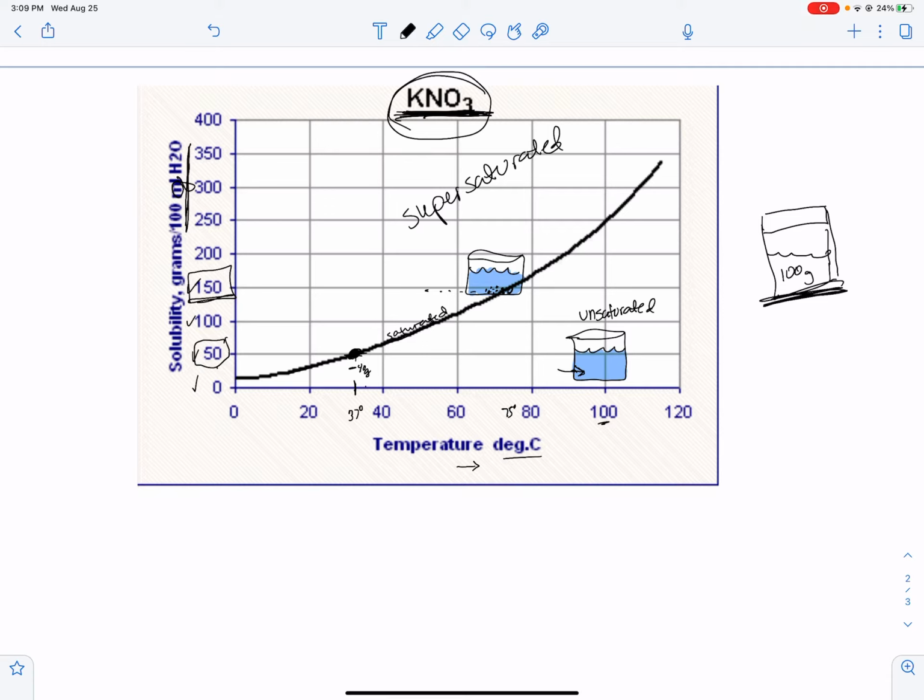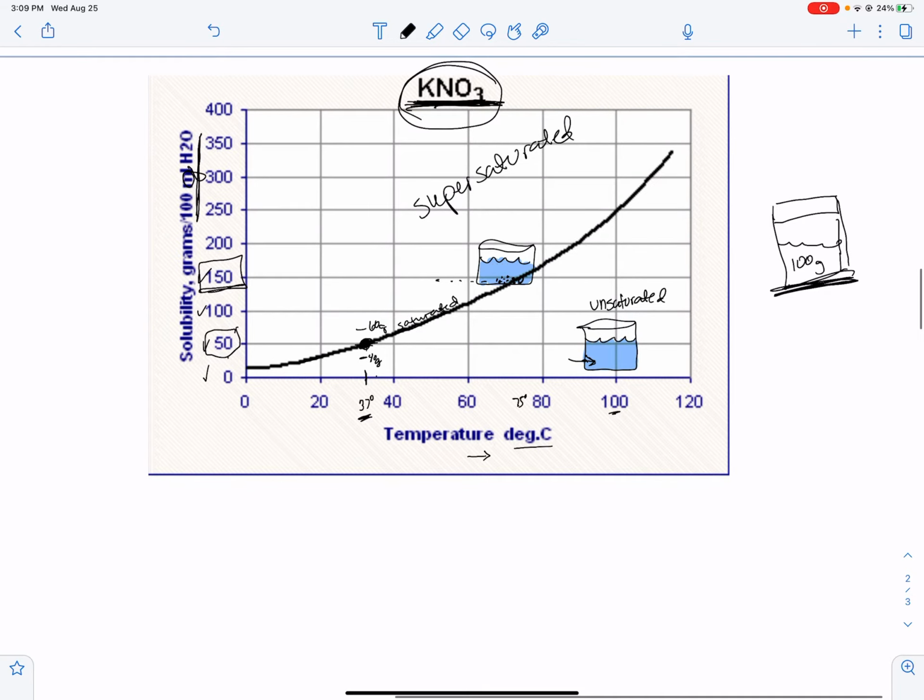However, if we were to put 60 grams in at this temperature right here, all of a sudden we know that 50 will go in, so there'll be a whole lot swimming around in that water, but we'll have a little pile of solid at the bottom. And that's called saturated. Now, it was actually saturated at 50.